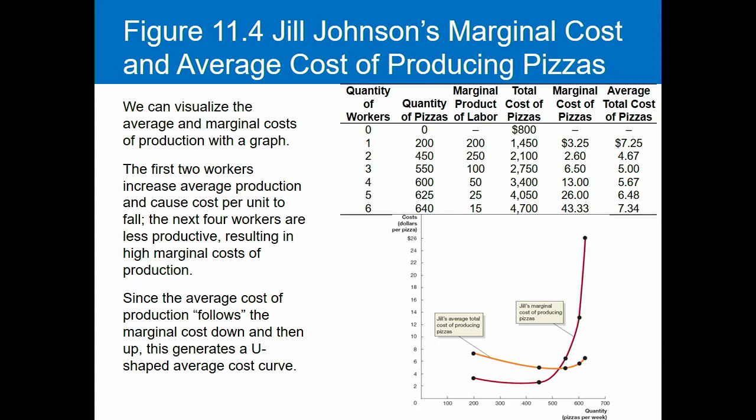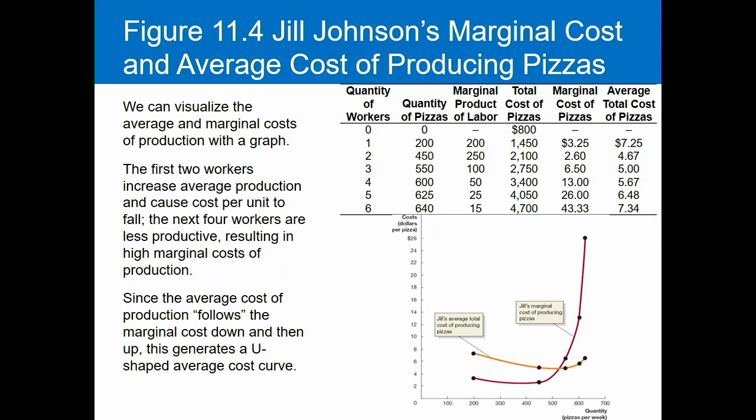Now remember, if the marginal cost curve is below the average cost curve, the average cost curve is going to be decreasing. When the marginal cost curve is above the average total cost curve, it's going to be increasing. I've been trying to drive that home because the marginal cost curve crosses the average total cost curve at the average total cost curve's minimum point. This is very important, and you're going to need to remember this for the next 3 chapters. I'll draw it so it looks cleaner.